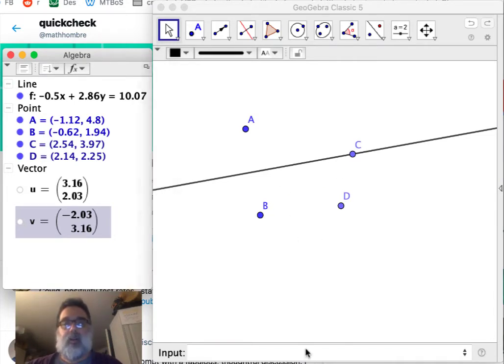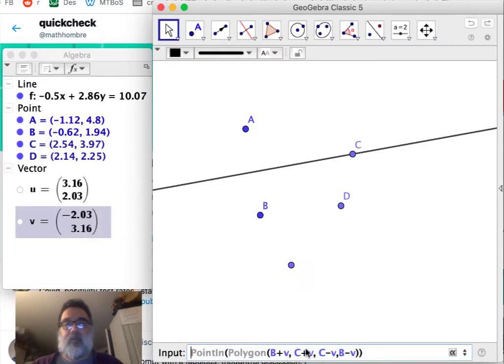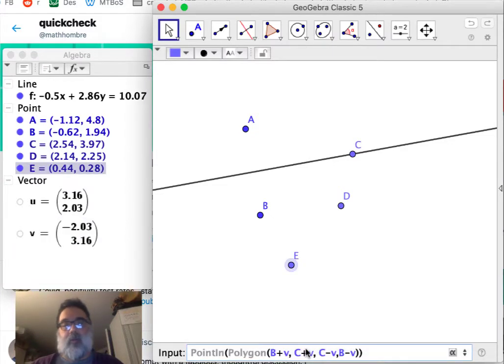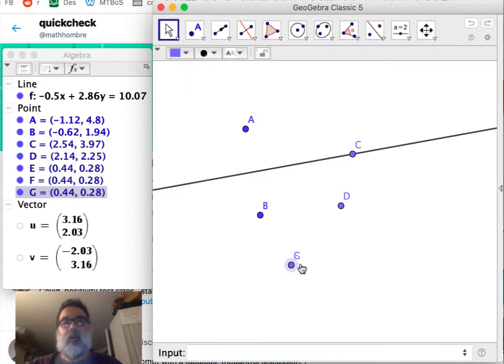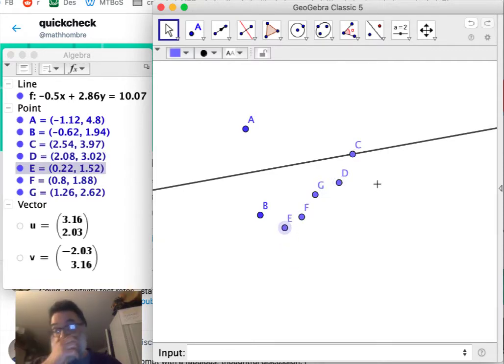All right, and instead of typing that all out a bunch of times, I'm just going to arrow up. So for that glide reflection, I'm going to need to know the midpoint of this altitude.